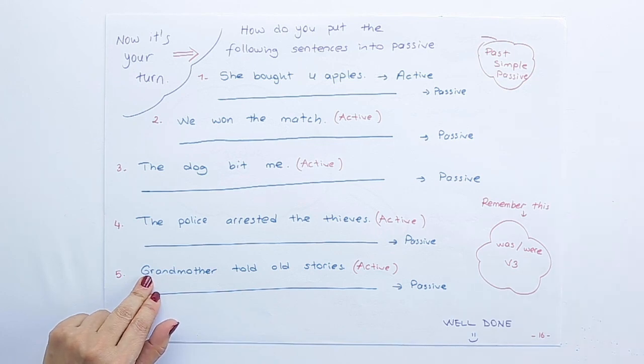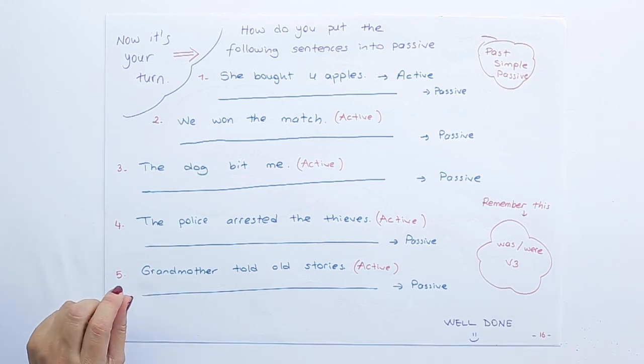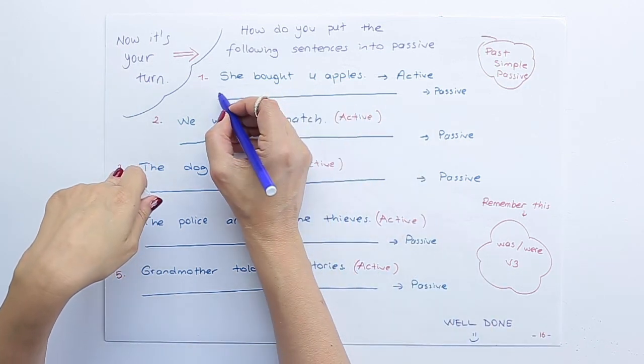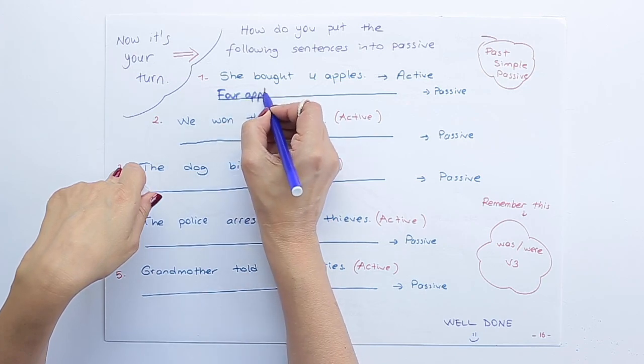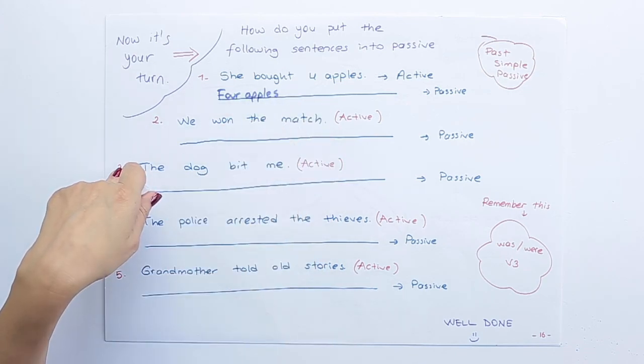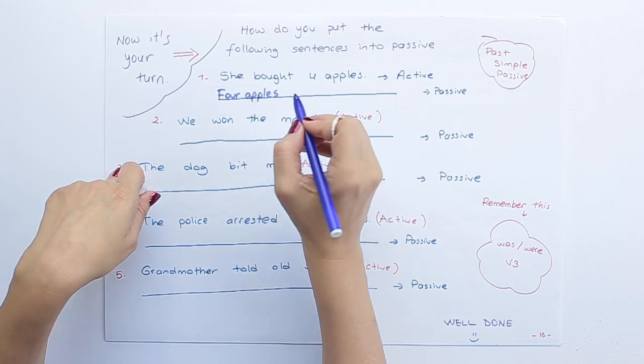And how do you put the following sentences into passive? She bought 4 apples. Okay. 4 apples were bought.